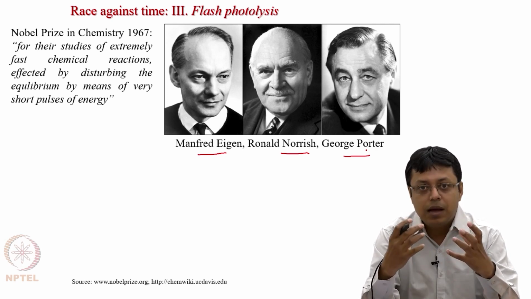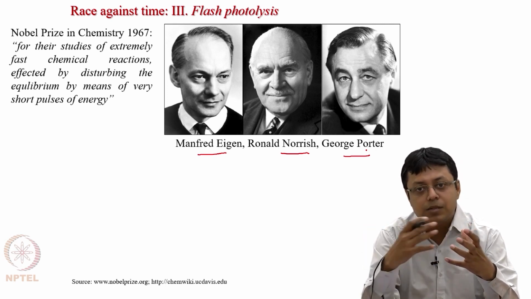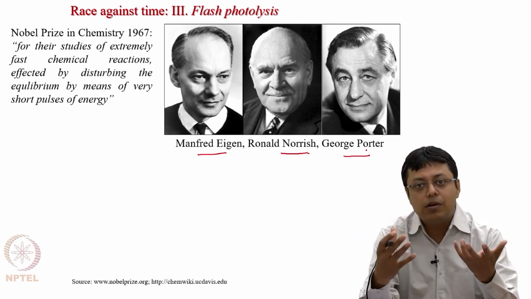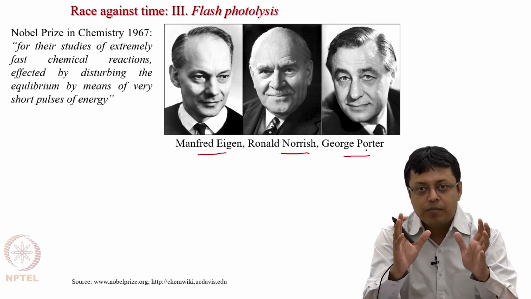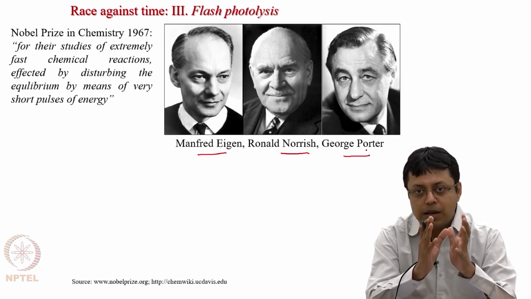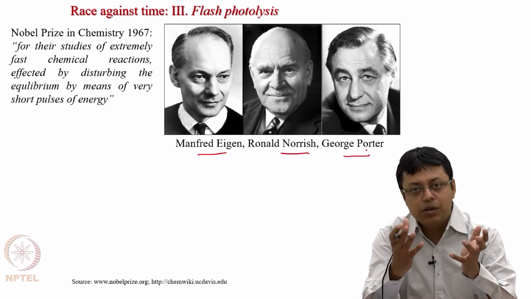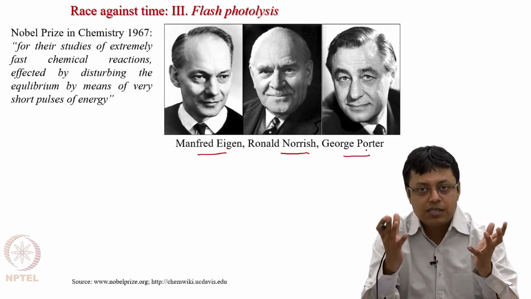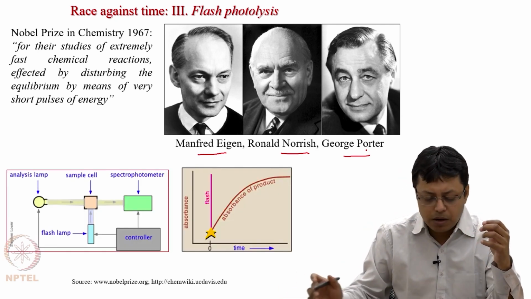This triggering is not done by continuous light, because if I continuously expose light, the reactions will be over during the exposure. So, I want to initiate the reaction with a very short pulse of light, so short that the reaction does not proceed within the duration of the flash. It just initiates the reaction, and then subsequently you observe the product.